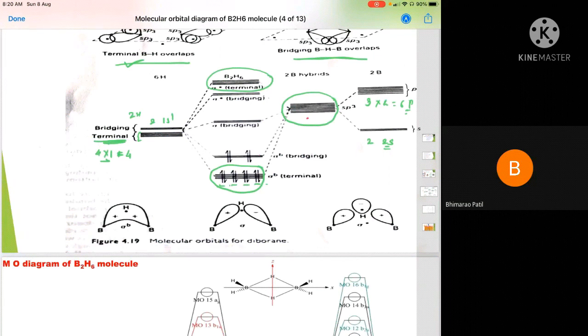Then here you see the two bridging hydrogen atoms: the two 1s atomic orbitals from the two bridging hydrogen atoms are combined with the 4 sp3 hybrid orbitals of the two boron atoms, that forms two sigma bonds.